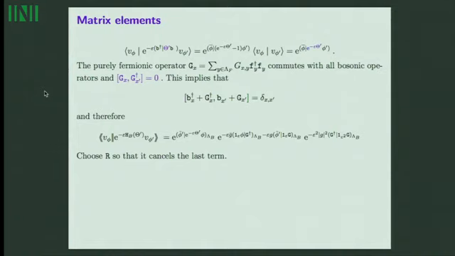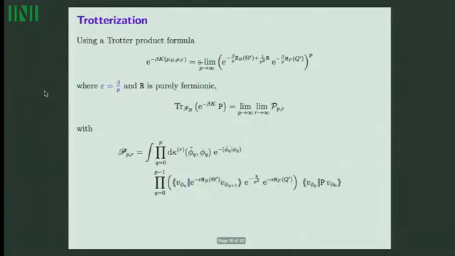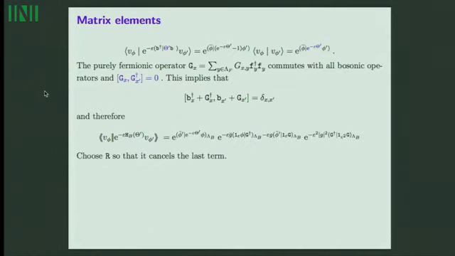And so now we see that we have one piece which we can get rid of by choosing R. R was the thing we added into this formula and subtracted, so we can get rid of this piece here by choosing R to cancel it. And with this one then gets the following result.